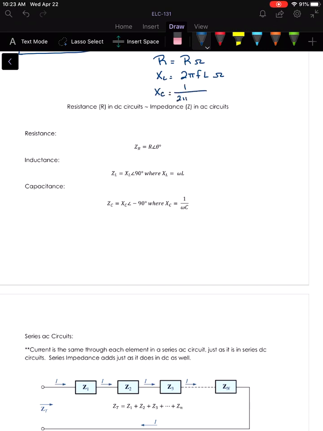And for a capacitor, it's 1 over 2 pi f times C, also in ohms. These we call the reactive elements, and we call X reactance, and R is the resistive element of the circuit, or resistance.